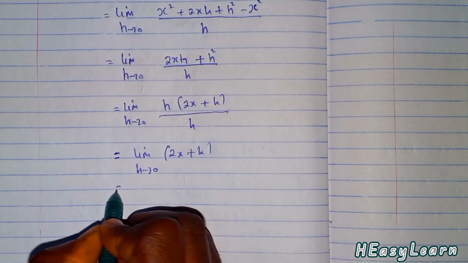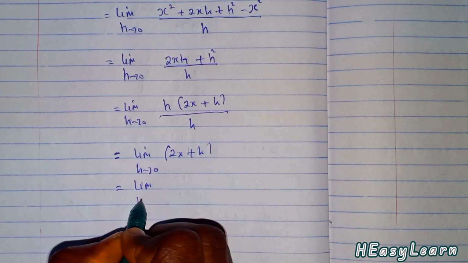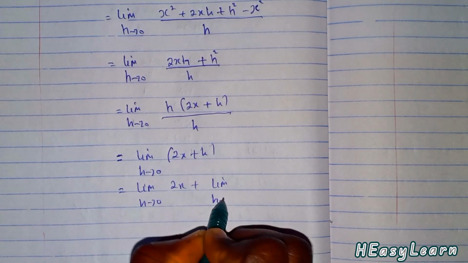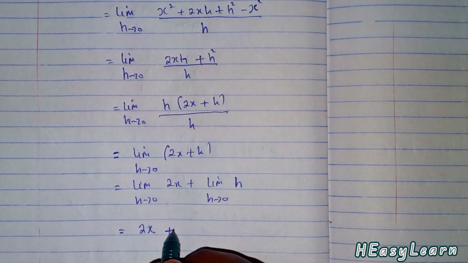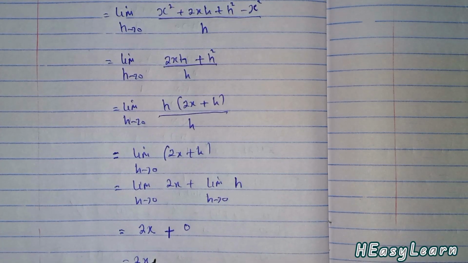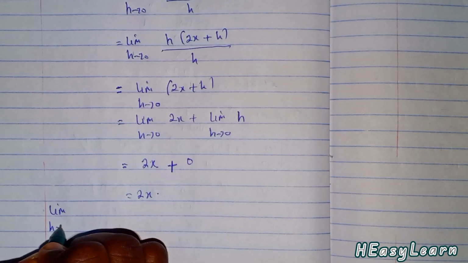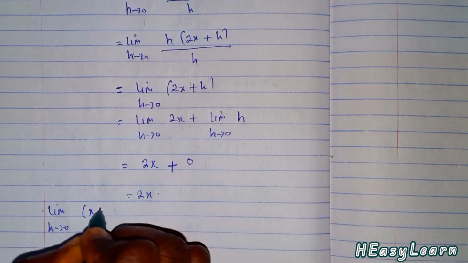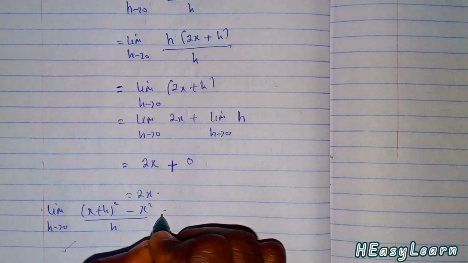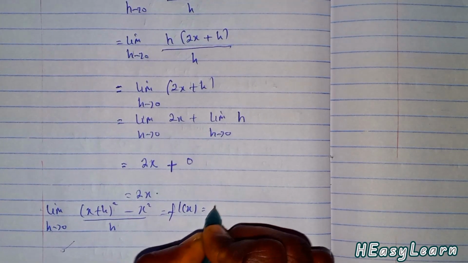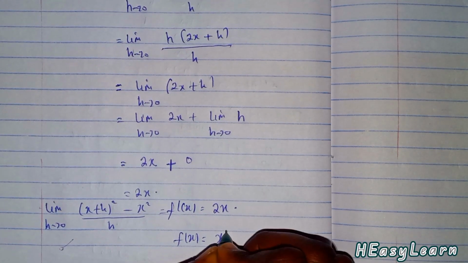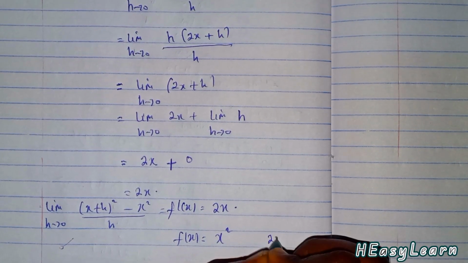The limit of a sum is the sum of the limits. The limit as h approaches 0 of 2x plus the limit as h approaches 0 of h, which is 0, is going to be 2x. So f prime of x equals 2x. The derivative of the function f of x equals x squared is 2x.